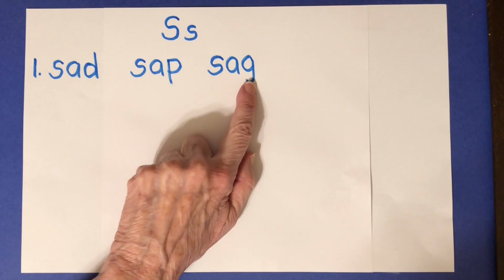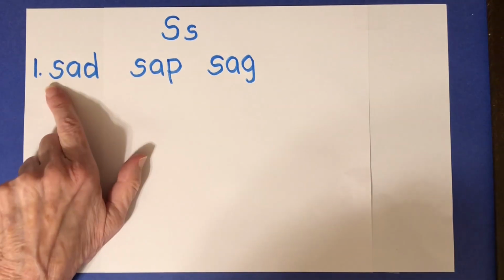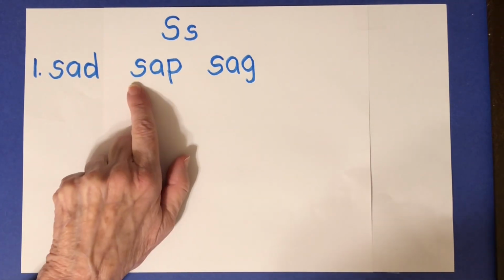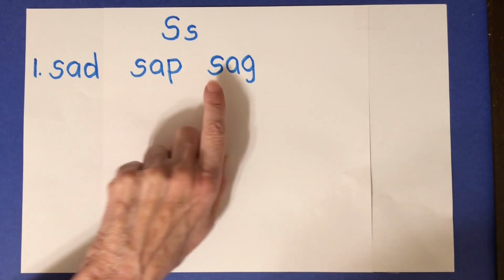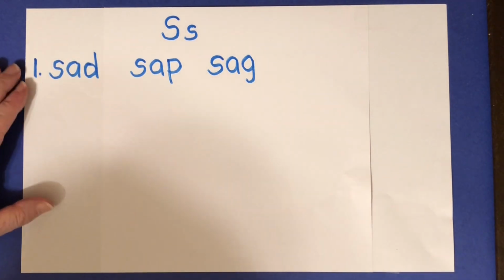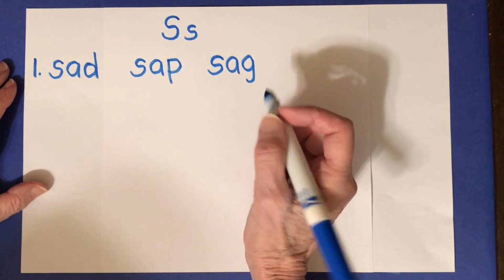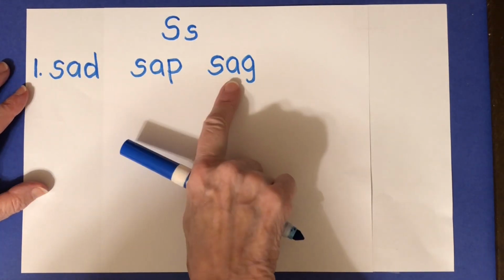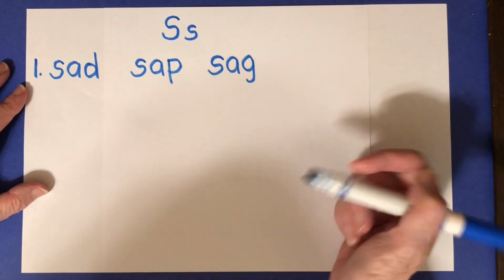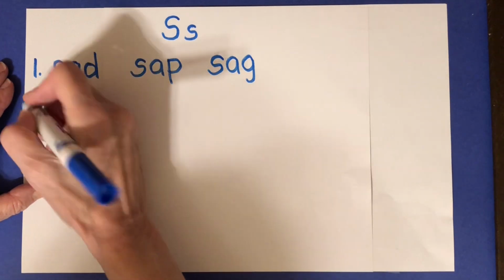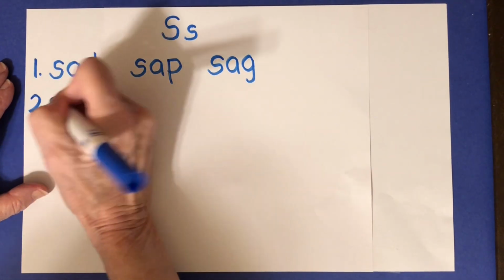Yes, sag. Good job. Let's read all the words. Sad, sap, sag. Good. Oh, interesting. They all have that Pam the Lamb vowel sound in the middle, don't they? Ah, ah, ah.